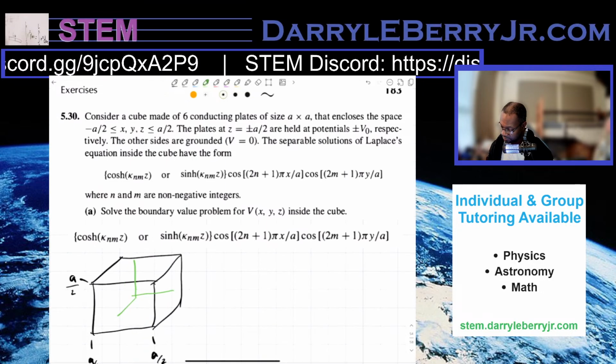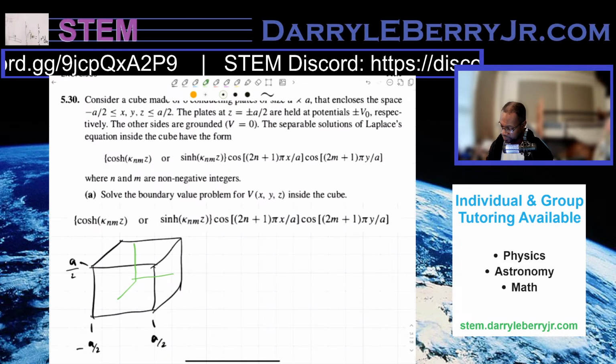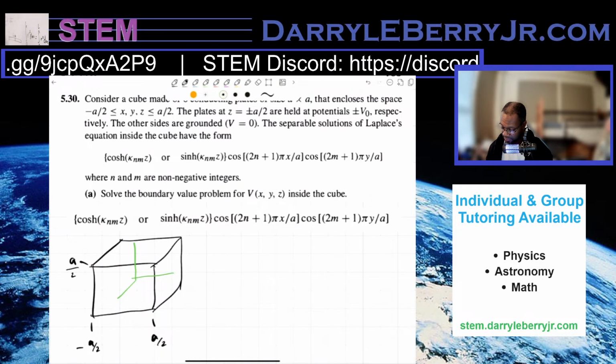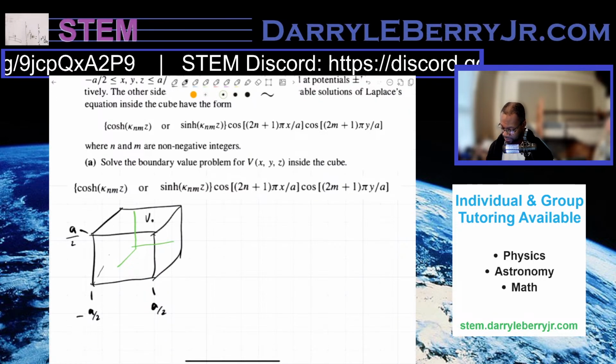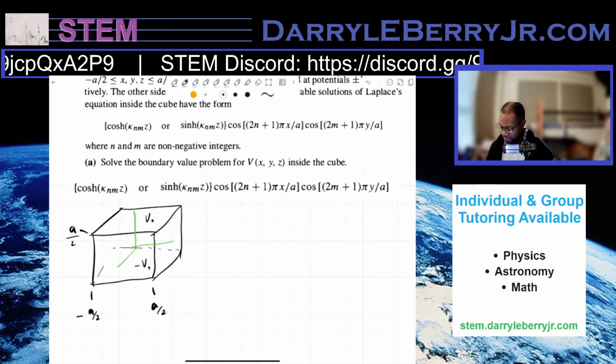The plates at plus and minus A over 2 are held at potentials plus and minus V naught respectively. So this has V naught, and if I was to make a bottom plate here, this would be negative V naught.